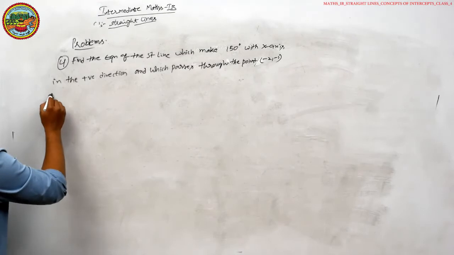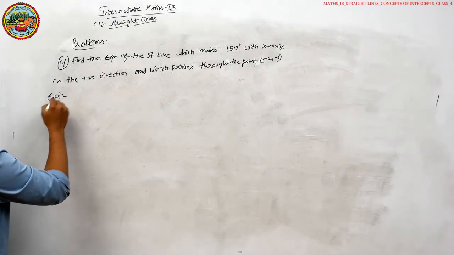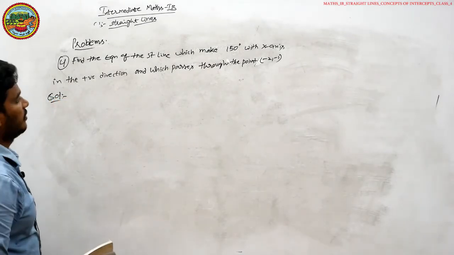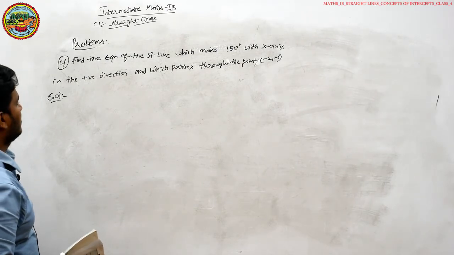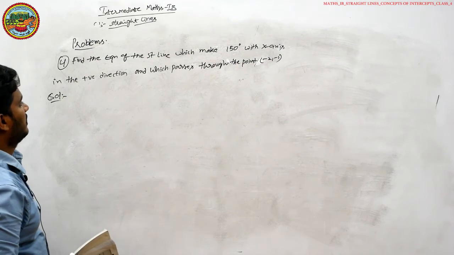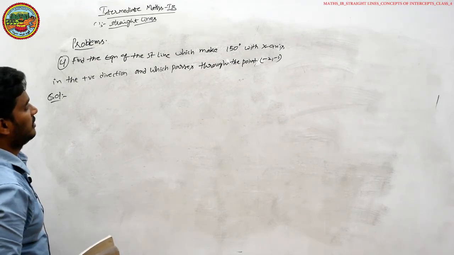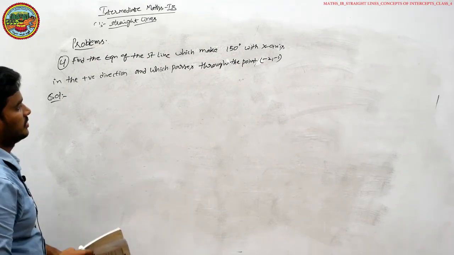Okay, so solution. Given that, we have to find the equation of that straight line which makes 150 degrees with the x-axis in the positive direction and which passes through the point (-2, -1).